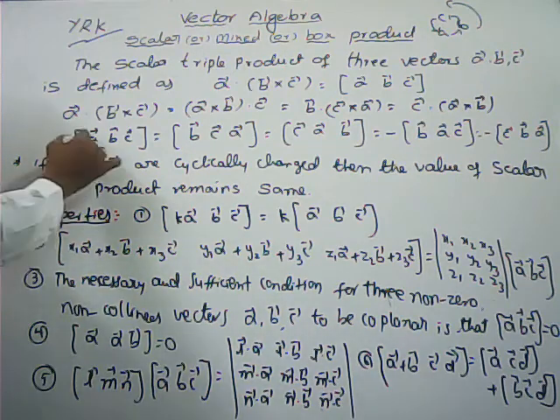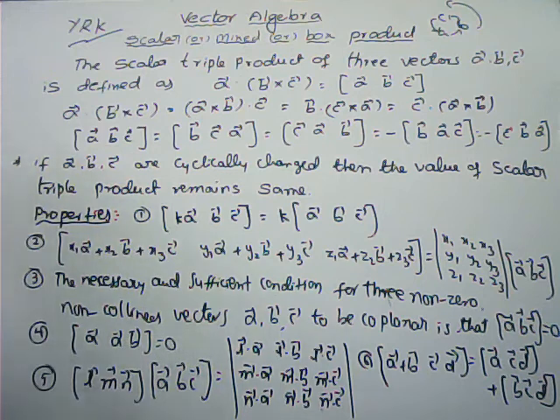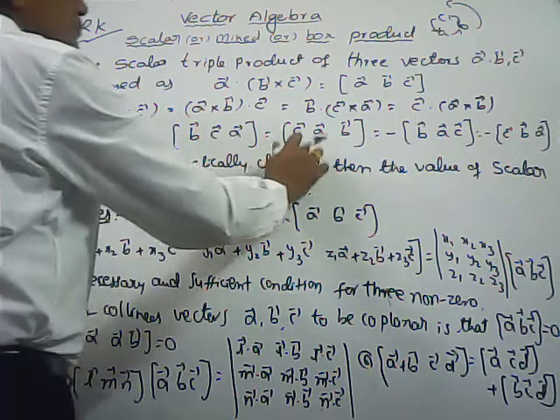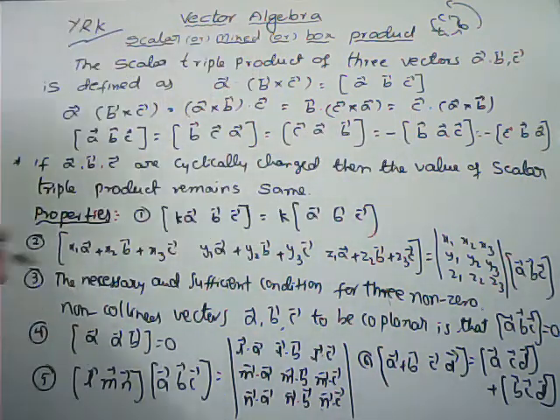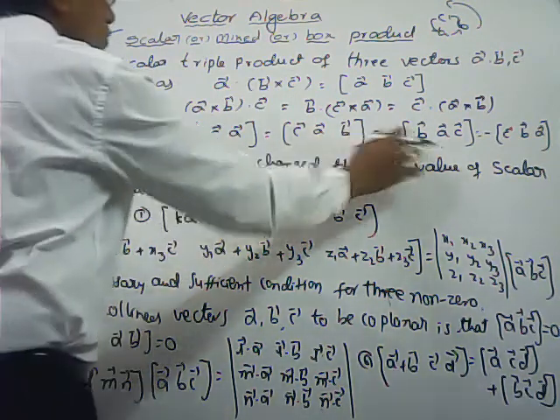Here indirectly we are using the determinants properties only. Now, if I interchange any two vectors, it's a sign change only.